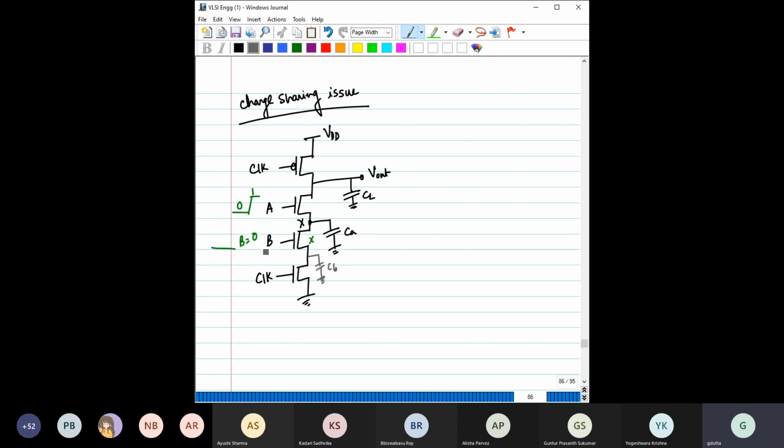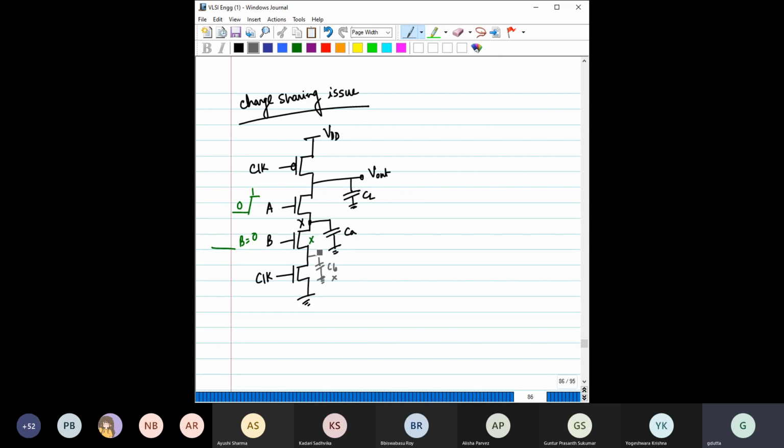That means this transistor will never turn on, so there will not be an issue of charge sharing from CL to CB. But if this also goes on, then you have to account for both CA and CB. To make our analysis simple, we are assuming that B is equal to 0, so we are not considering the effect of CB.